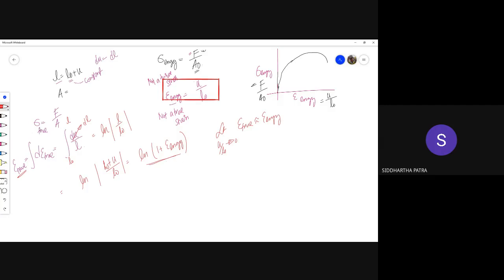And the same thing applies to the true stress as well. Okay, if the strain is not huge, A is almost similar to A0, and the true stress is also the engineering stress.